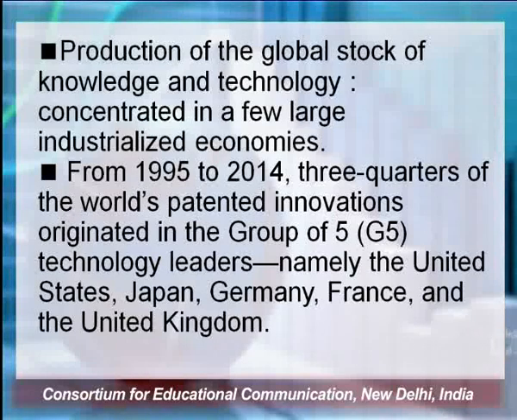Reading from imf.org, we find that from 1995 to 2014, three-quarters of world patented innovations originated from the group of five, G5, technology leaders: US, Japan, Germany, France and UK.